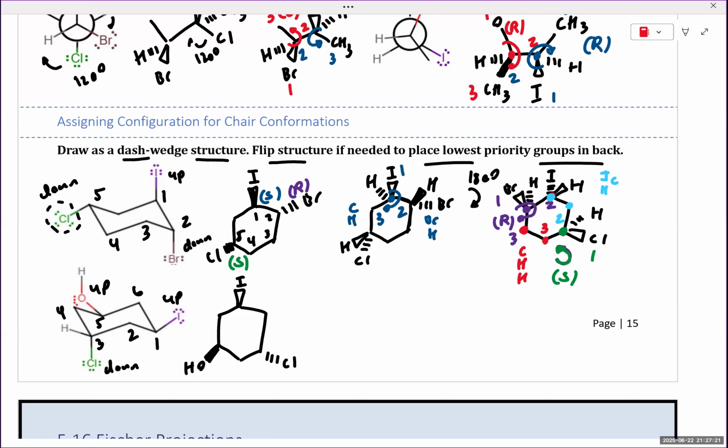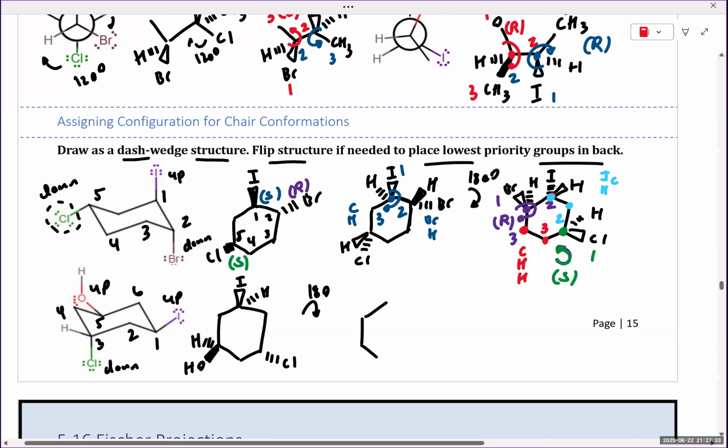From here now, we see that in 2 cases, the hydrogen, the lowest priority group, is in the back, but we're going to need to draw this molecule rotated to account for the chlorine, because we need this hydrogen in the back to assign the configuration at that stereocenter.